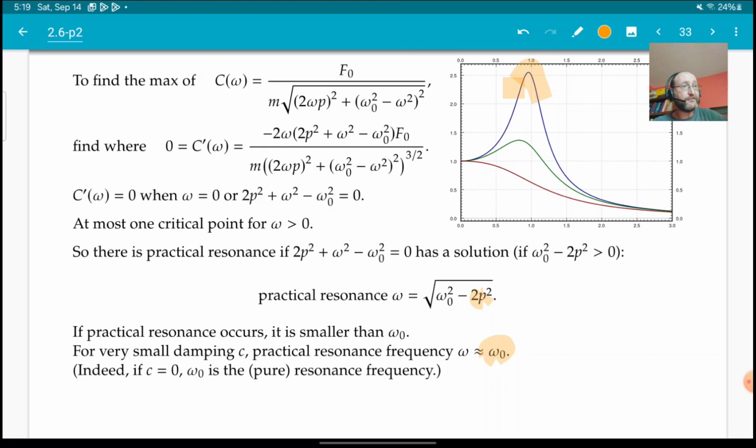As c goes to 0, if I were changing c and looking at what happens to the practical resonance frequency, it's going towards the pure resonance frequency. It's getting closer and closer to it. All right. As c grows, as there's more and more friction, then the practical resonance frequency goes to 0.